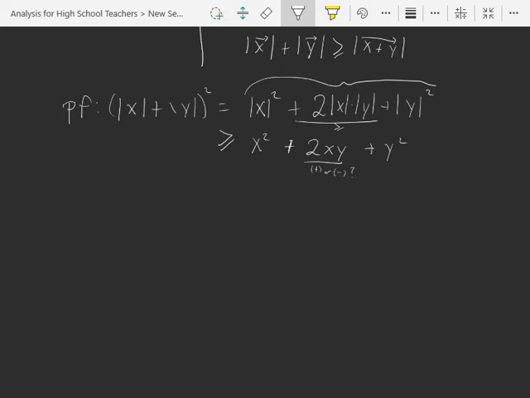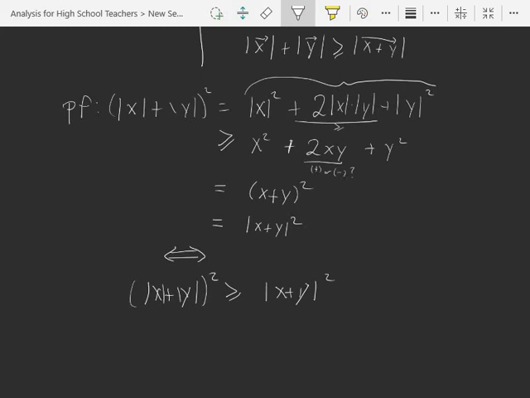Okay, and then we get another equal statement. Well, I can just factor this. This is x plus y squared, right? Which is equal to the absolute value of x plus y squared. Okay, so now I have the statement that the absolute value of x plus the absolute value of y, squared, is bigger than or equal to the absolute value of x plus y, squared.